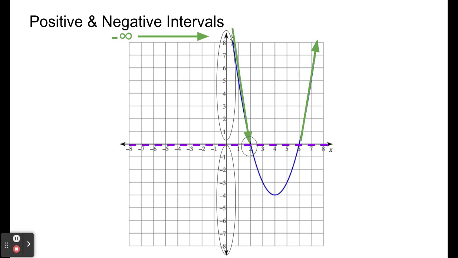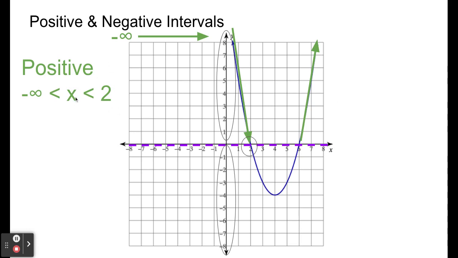It hits the x-axis and then it goes to the other side, which would make it negative. So this piece of the graph is above the x-axis or positive from negative infinity to this value of x, which is 2. So that interval will be negative infinity less than x less than 2.